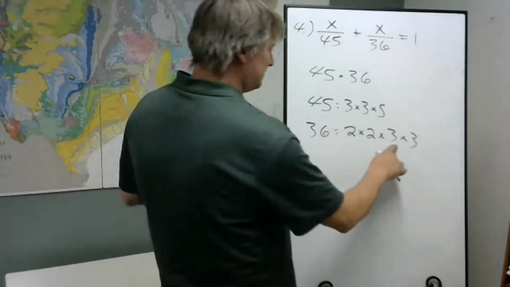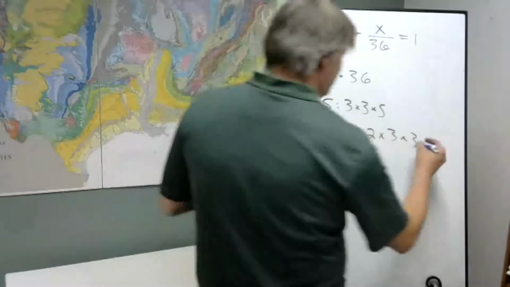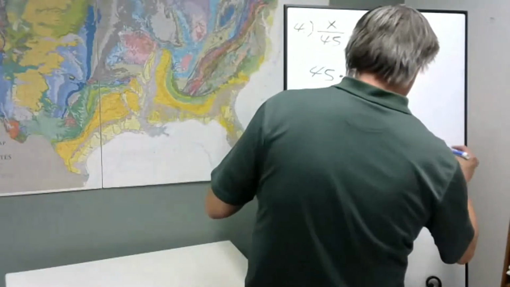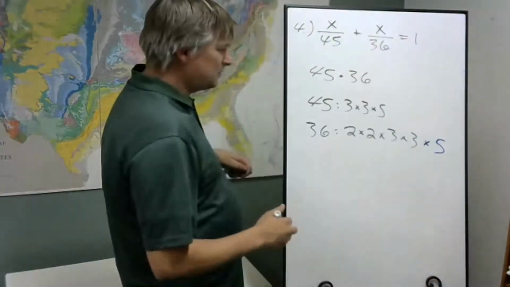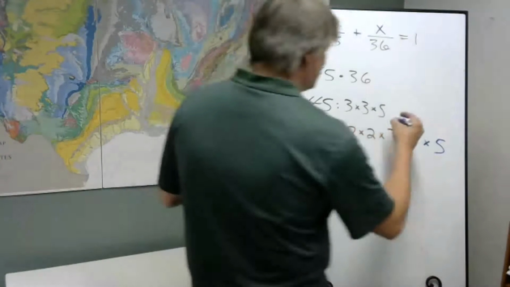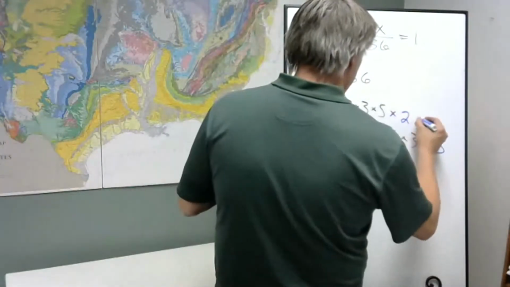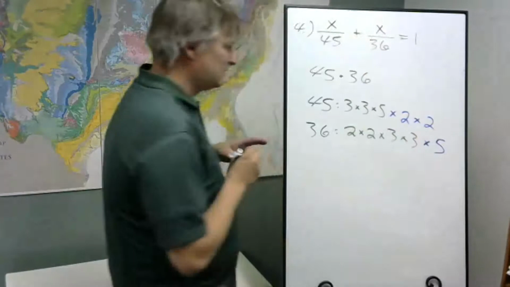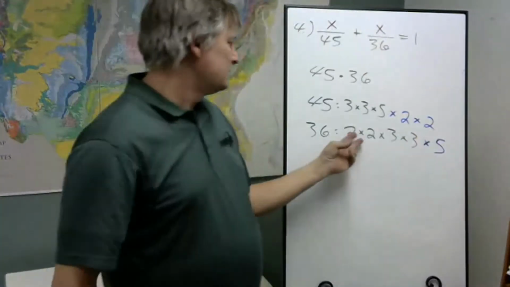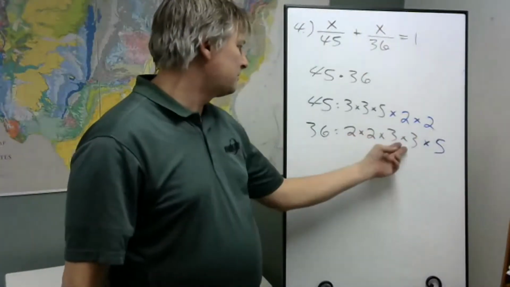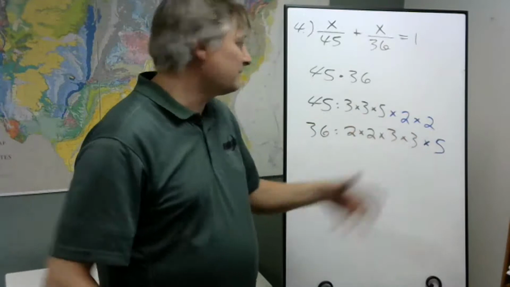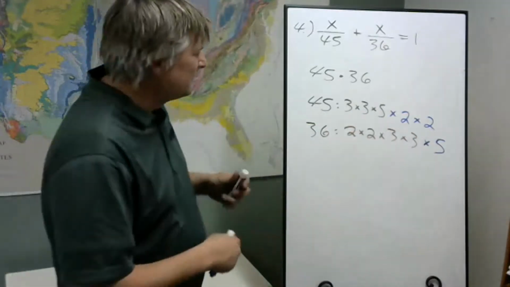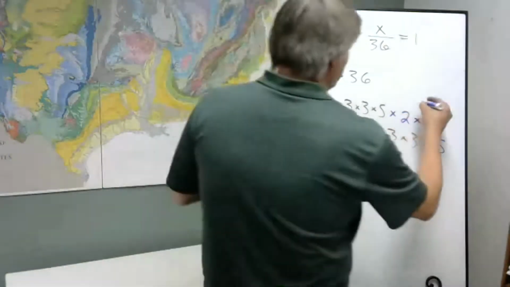So this one definitely needs a times 5. And this one, it needs the times 2's. Let's take a look at this. 2 2's, 2 2's, 3 3's, 3 3's, a 5 and a 5. Okay, this works. So what are we going to get?